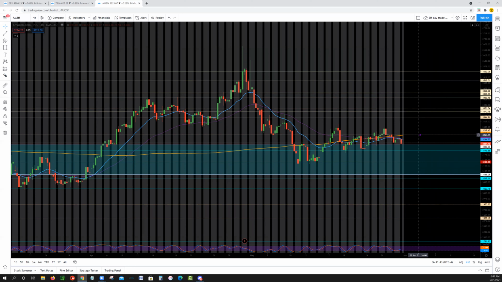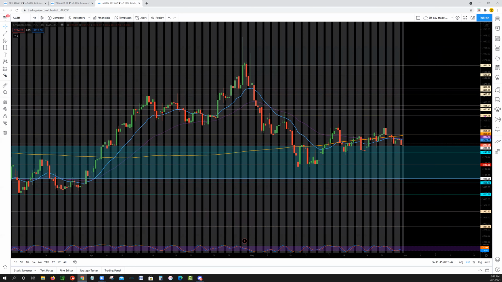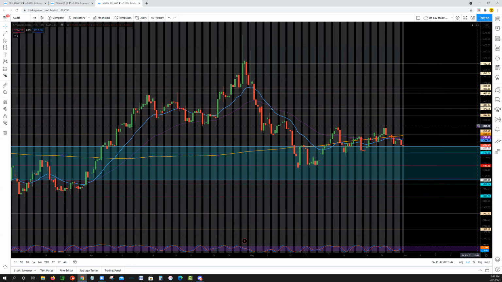Don't try to get the best price, just try to get the right direction. And if you can get the right direction, even if you don't get the best price, at least you know you're with the trend. So watch these levels that I mentioned.